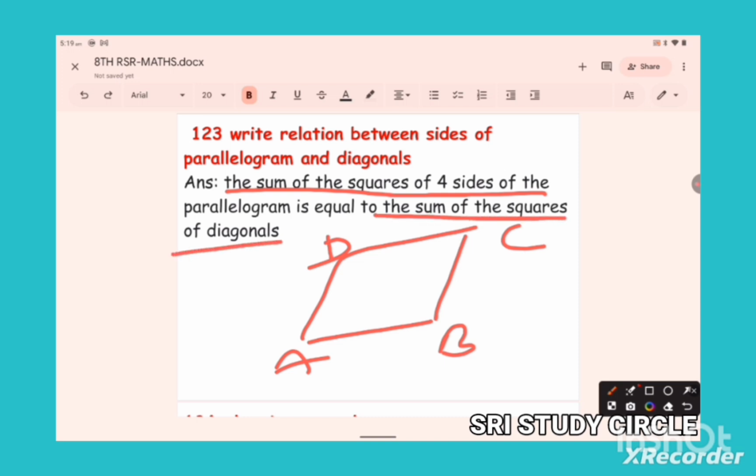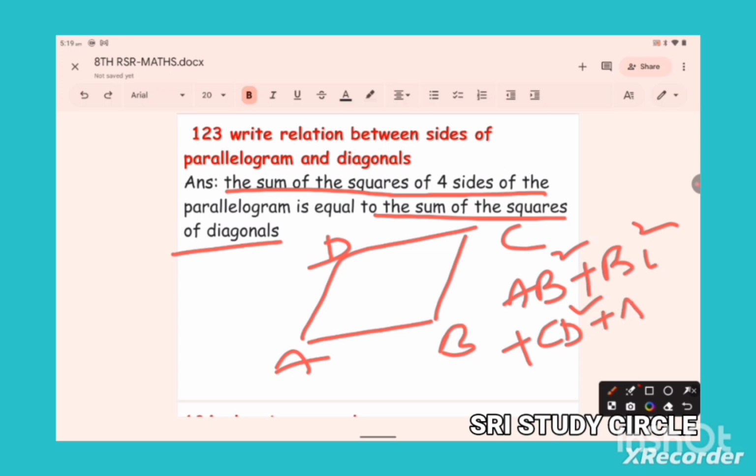That means AB square plus BC square plus CD square plus AD square is equal to the sum of squares of diagonals, that means AC square plus BD square.